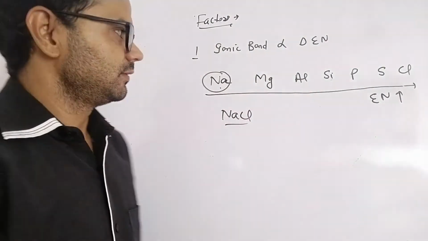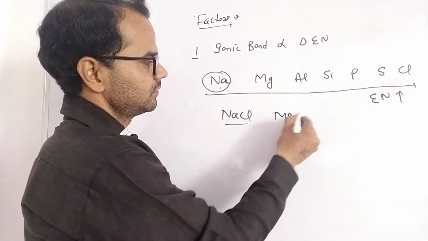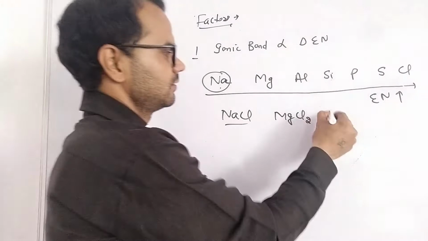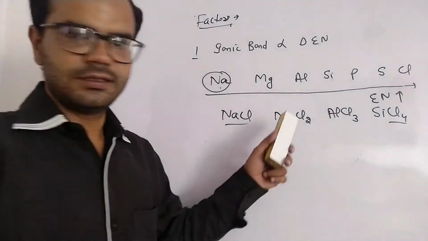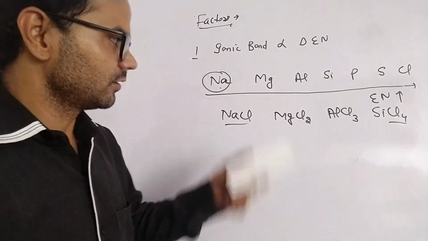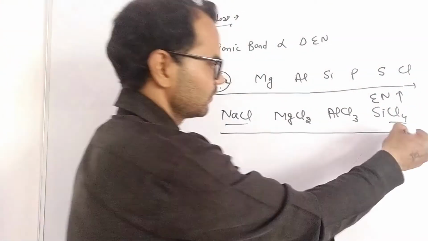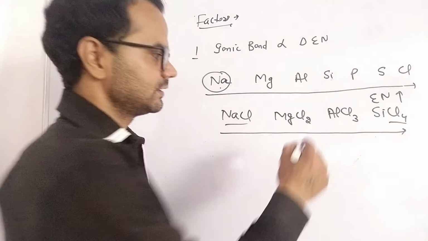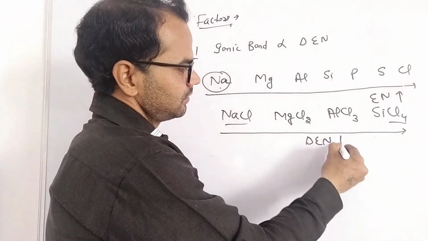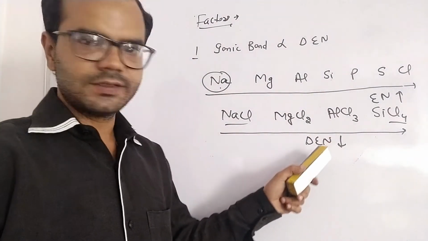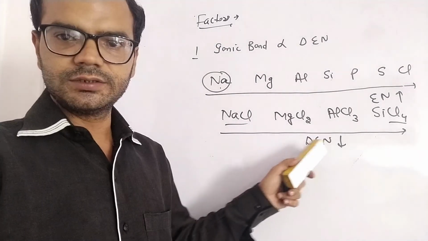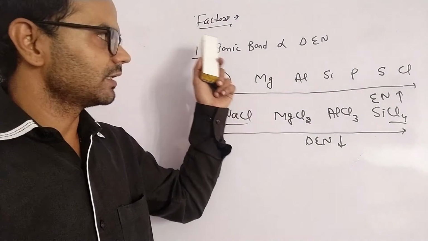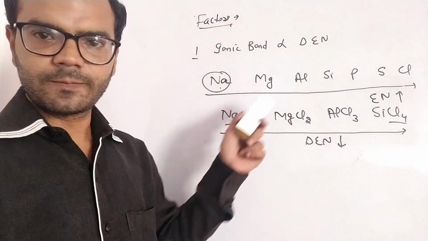Right. Next, MgCl2. Next, AlCl3 or SiCl4. So if we conclude, from sodium chloride to silicon tetrachloride, there is a decrease in difference of electronegativity. If the electronegativity difference decreases, then ionic character or ionic bond formation will decrease.